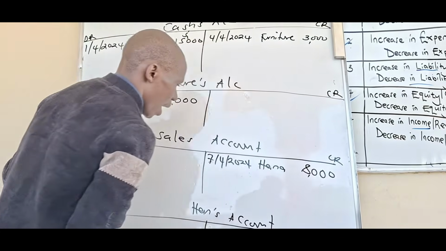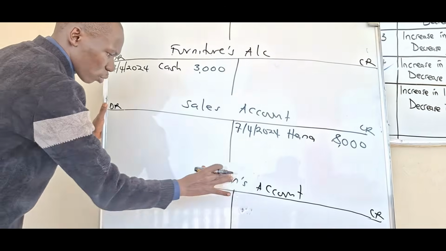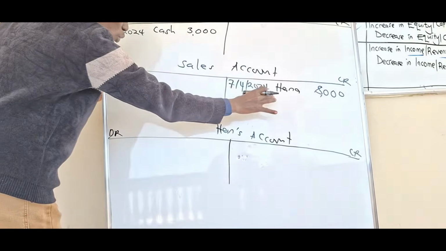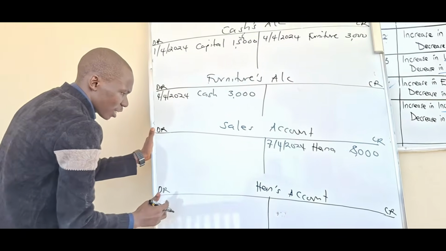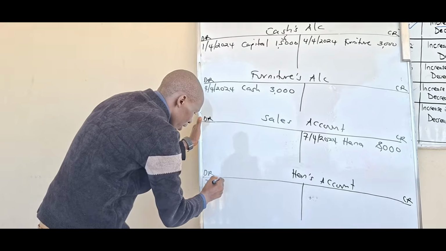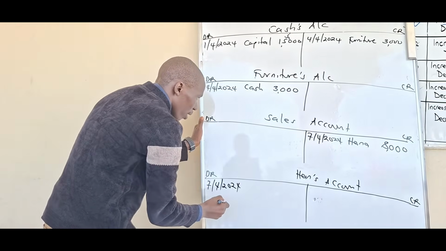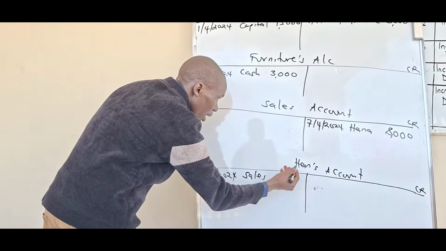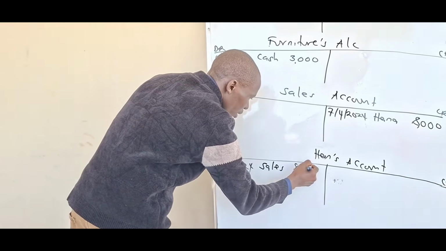80,000. Complete double entry by going to another account and you put on the opposite side. If this is on credit, automatically for Hana, since the asset is increasing, we shall put that entry on our debit side. Receiving sales, yes. How much? 80,000.